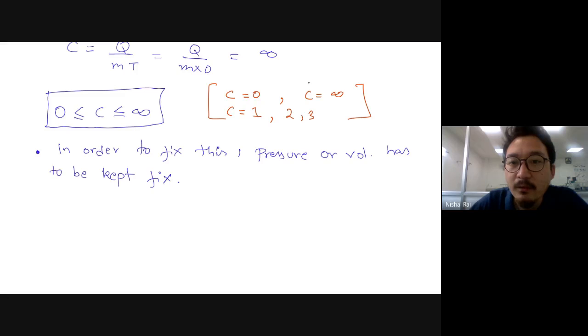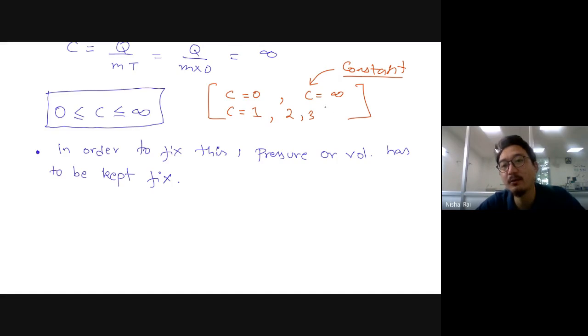But we have learned that the specific heat, up to a certain temperature, is constant. Isn't it? But now the specific heat is taking any value depending on where it is kept. Depending on different conditions, the specific heat is continuously changing. So we want to fix this. Now, is it clear?